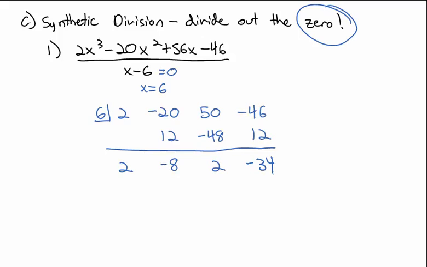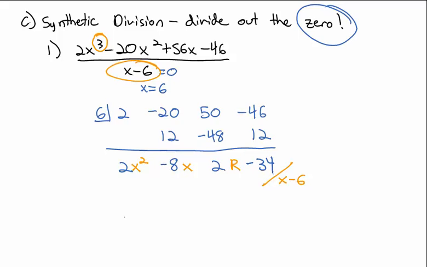To get the variables in there, we're going to drop 1 off of the x cubed, the leading coefficient, so we have x squared, x, and a constant, and the last part is the remainder. We can either say this is a remainder of negative 34, or we put the negative 34 over the denominator of x minus 6.